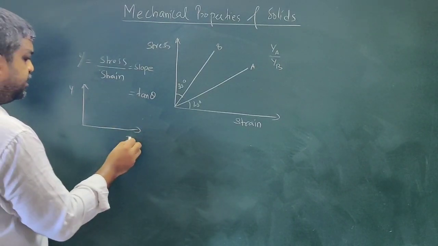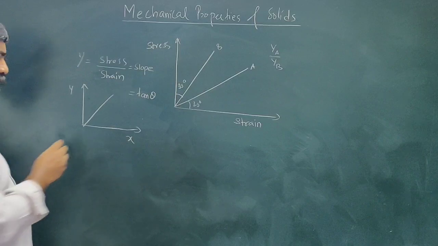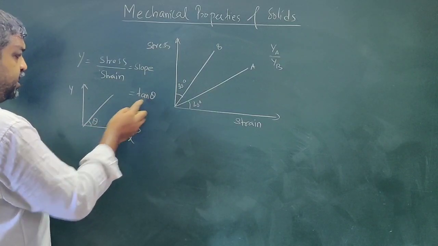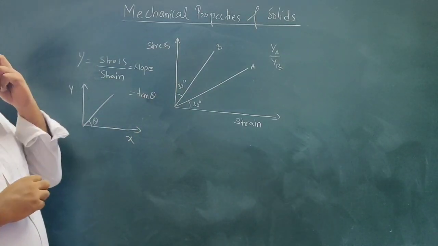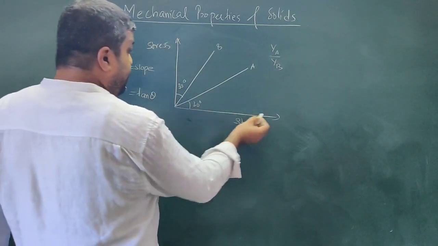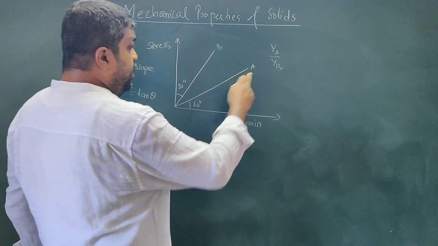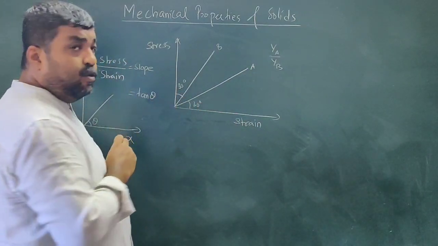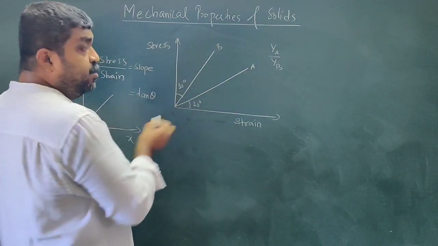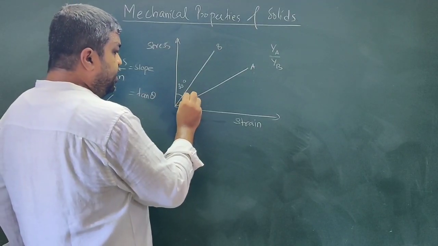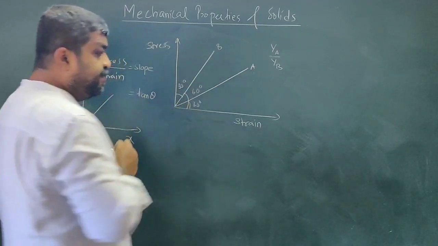Suppose this is the y-axis, this is the x-axis, this is the straight line, and this angle is theta. So basically I need the angle made with reference to the x-axis. For material A I know the angle. For material B the angle given is with respect to the y-axis. So if this angle is 30 degrees, this angle will be 60 degrees.